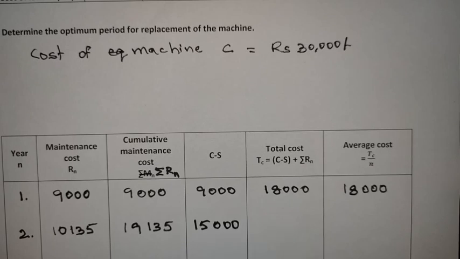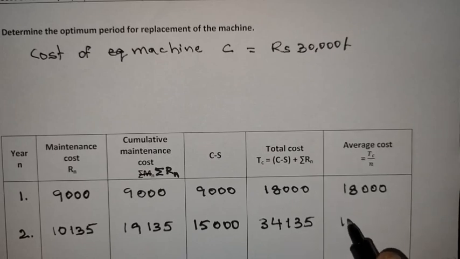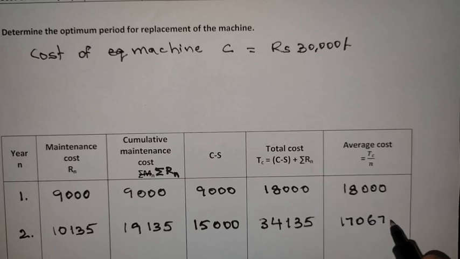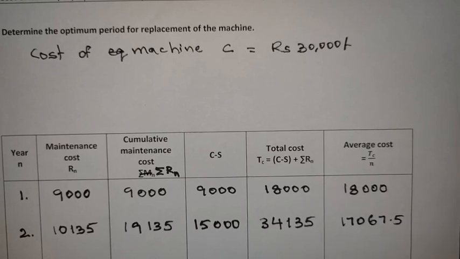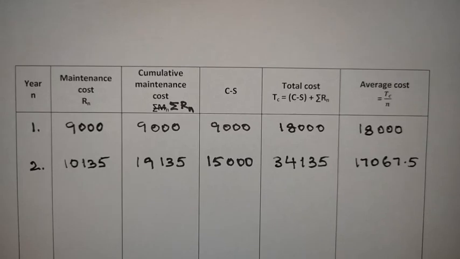And next, total cost 15,000 plus 19,135, we get 34,135. Next, find the average cost, 34,135 by 2, that is 17,067.5. Right, second year is over.